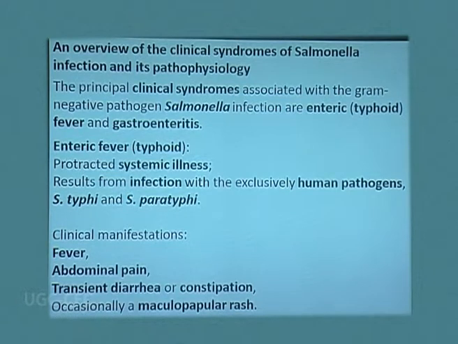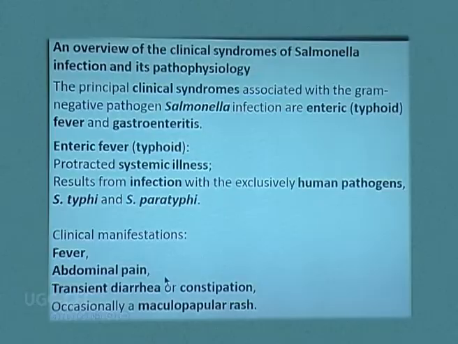Now, the enteric fever or the typhoid fever is a systemic disease. It causes systemic infection and results from the typical human-specific pathogens Salmonella typhi and Salmonella paratyphi. The clinical manifestations include fever, abdominal pain, transient diarrhea or even constipation, and occasionally a maculopapular rash.